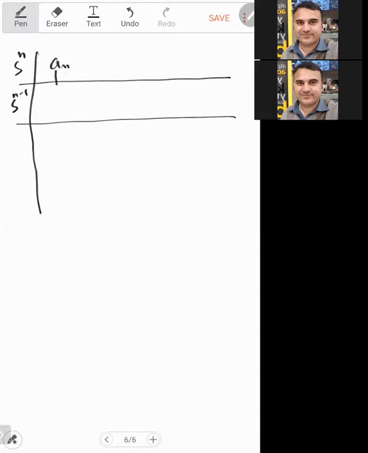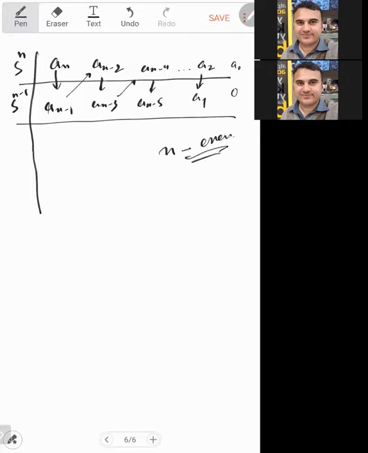And then we'll come in this fashion: a_(n-1), then a_(n-2), then a_(n-3), then a_(n-4), and then a_(n-5), until you have a_2, then a_1, then a_0, and then 0. So this you will get only if n is even.